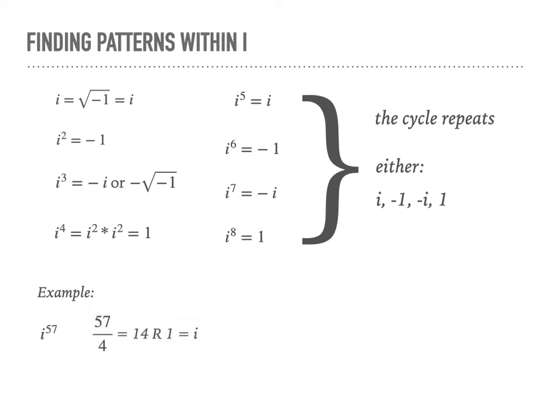So, in other words, we can rewrite i to the power of 57 as i to the power of 4, to the power of 14, since the cycle is repeating 14 times, times i to the remainder. Since we have remainder 1, that's just i to the power of 1, which is equivalent to i. And we know that i to the power of 4 is equivalent to 1. So 1 to the power of 14 times i is simply i. So we get that i to the power of 57 is equivalent to i.